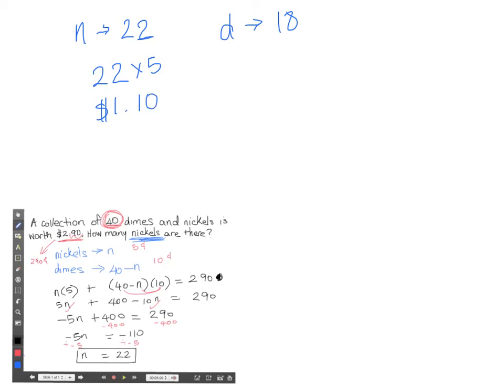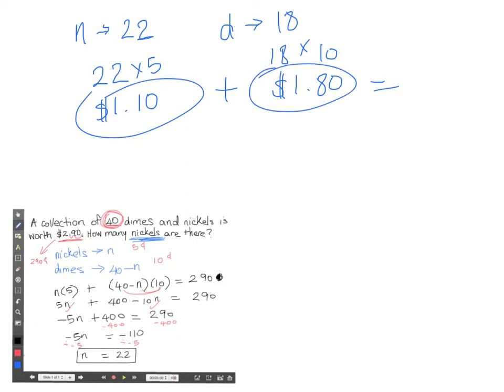All right, how about the dimes? Well, if there are 18 dimes, each of them worth 10 cents, the value of our dimes is 180 cents. Now when we put that together, our nickels and our dimes, we do in fact get $2.90. So yes, our answer does make sense.